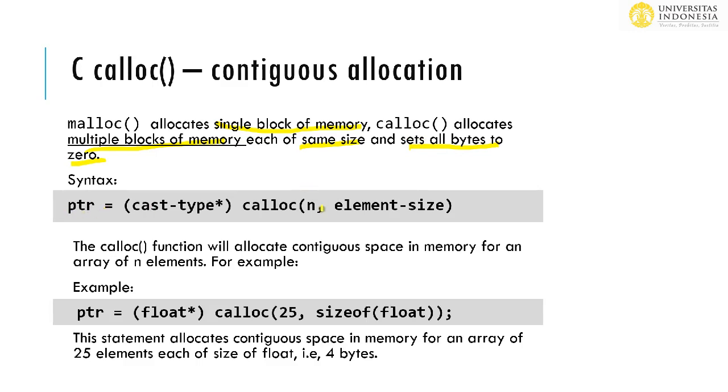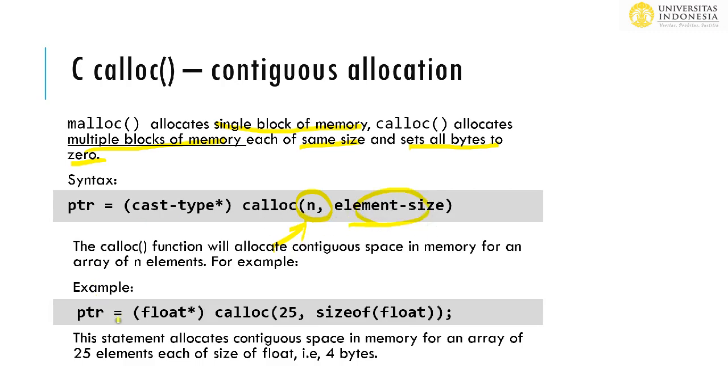But in calloc, you should mention n, meaning how many contiguous spaces in memory you want to allocate, or how many elements of the array, if you want to process it like an array, right? And the element size.